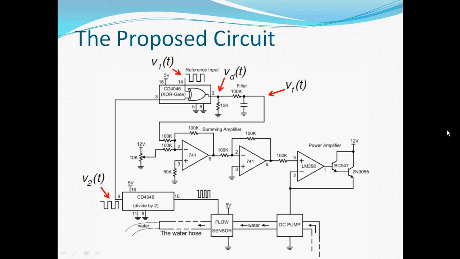In order to control the flow of water through the water hose by using the phase locked loop, it is important that the phase of the output signal of the flow sensor must be synchronized with that of the controlling signal.